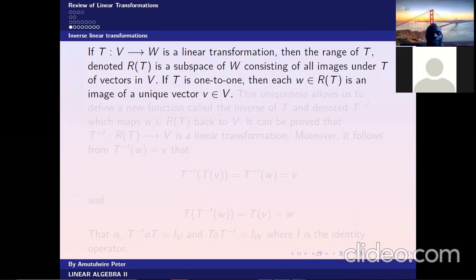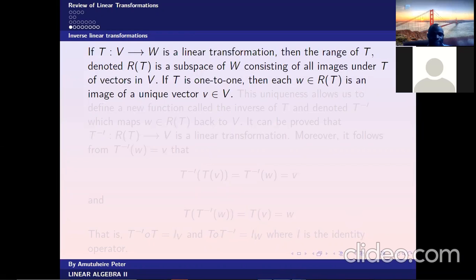In the last subsection, we are looking at inverse linear transformations.